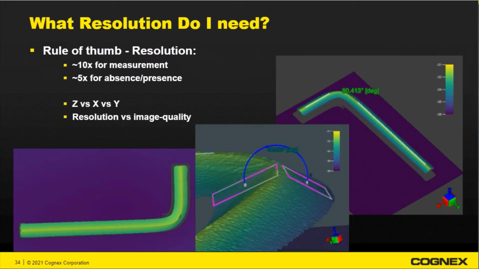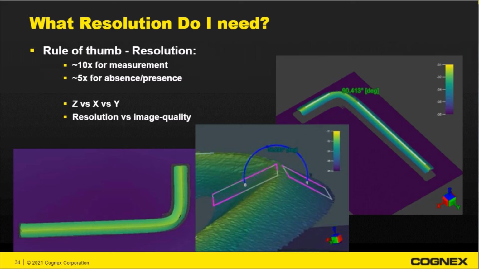You would also have to keep in mind that the resolution in Z is not always the same as the resolution in X or in Y. This depends on how close your sample part is placed next to your sensor and how fine the encoder resolution of your conveyor or linear stage is. And you should also keep in mind that resolution is not the same as image quality. Your sensor has to be able to see the part to be able to inspect it.